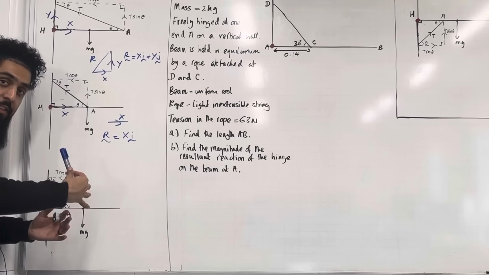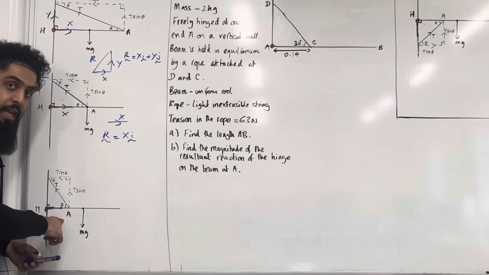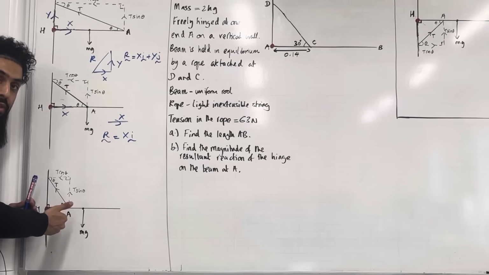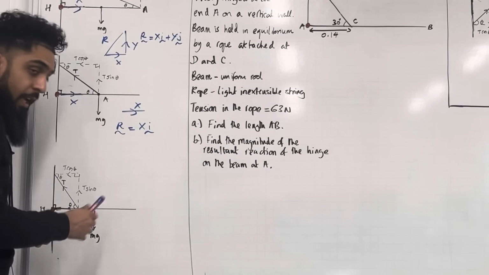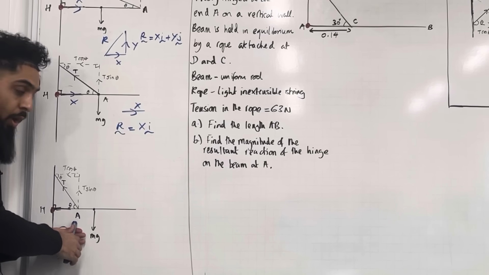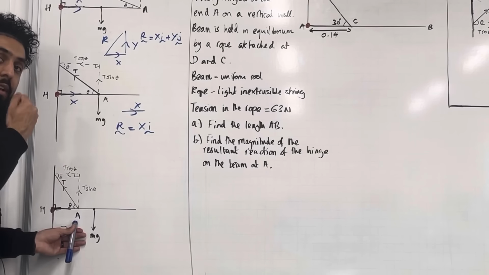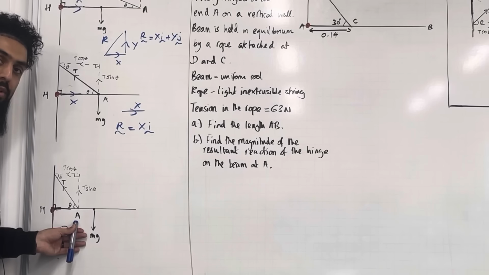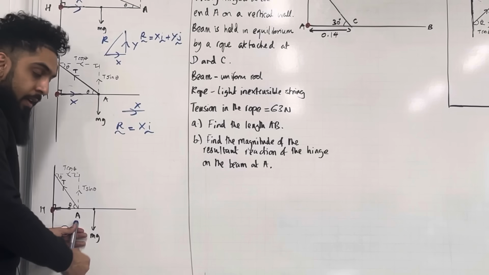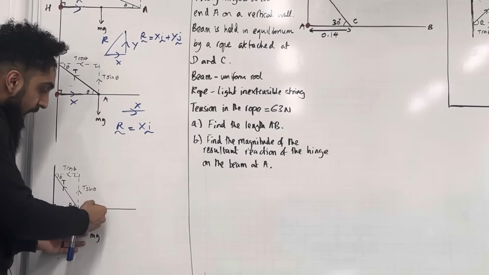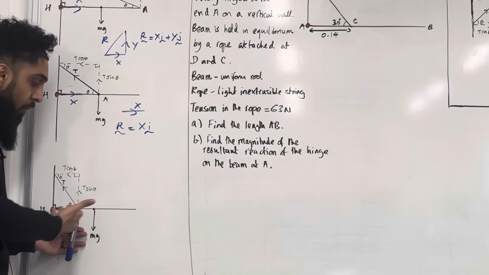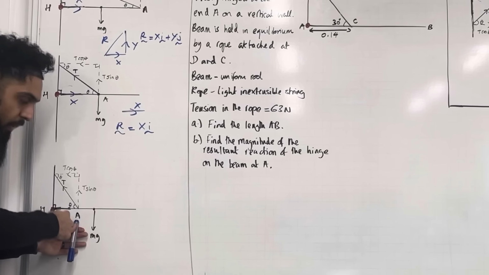Okay, let's have a look at case number 3. Now the point A is less than halfway along the beam. If I take moments about the point A, all the forces coming out of A are neglected. So the only vertical force that I can see is the weight. If I hold on to the point A, the weight is going to take the beam, or you could say the whole body, clockwise.